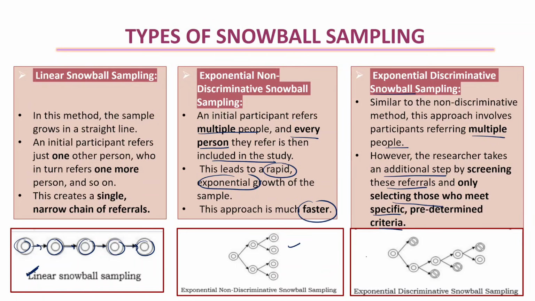So, this is exponential discriminative snowball sampling. So remember, linear means 1 to 1. Exponential non-discriminative means everyone referred is included. Exponential discriminative means referrals are screened before being selected.